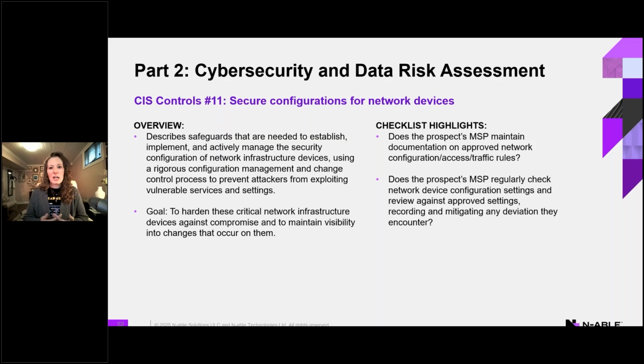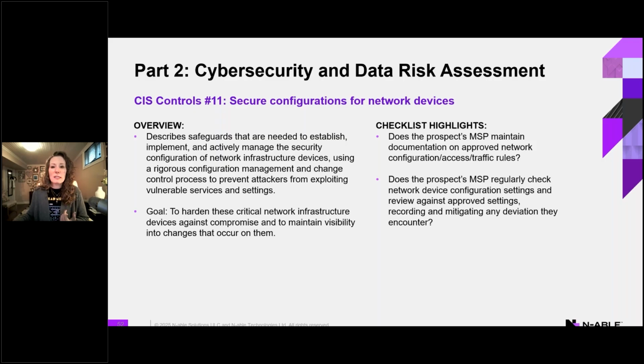This is typically done using some sort of configuration management and change control process, to prevent attackers from exploiting any vulnerable services and settings that may exist. Because we want to make sure that we are hardening those critical network infrastructure devices against compromise, and that we are maintaining visibility into any changes that occur, whether those changes are made by legitimate administrators or by somebody else.